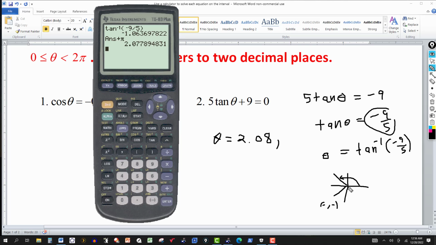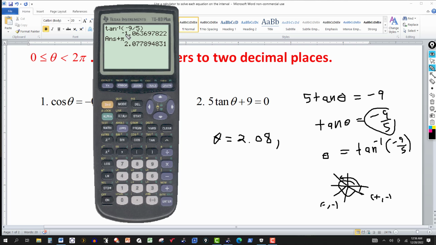So it has to be an angle over here in quadrant 4, because in quadrant 4, the x is positive but the y is negative. Negative over a positive is a negative. So basically, I want this angle here. To get it, I need to know the reference angle, and then all I would have to do is subtract that reference angle from 2 pi.